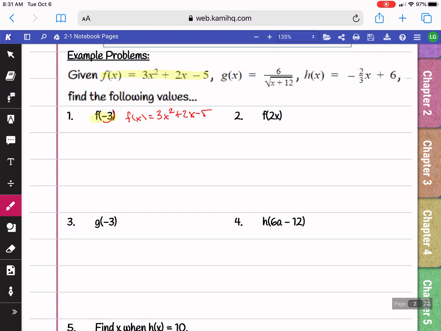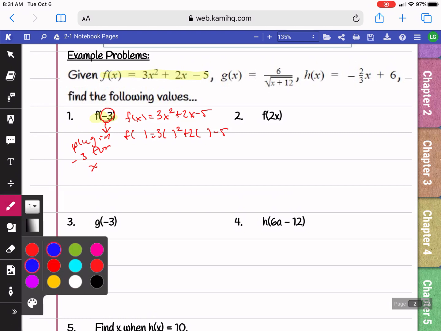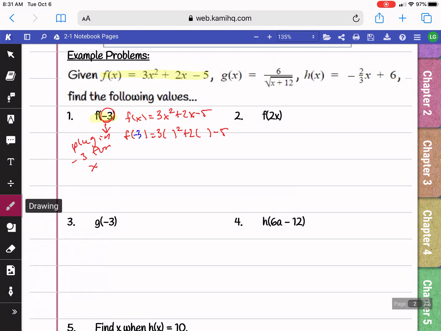Now I'm going to plug in negative 3 for x into my function. Everywhere I see an x, I'm going to plug in negative 3. I like to put empty parentheses everywhere I see an x, because then it's very easy to go back and plug in that negative 3.